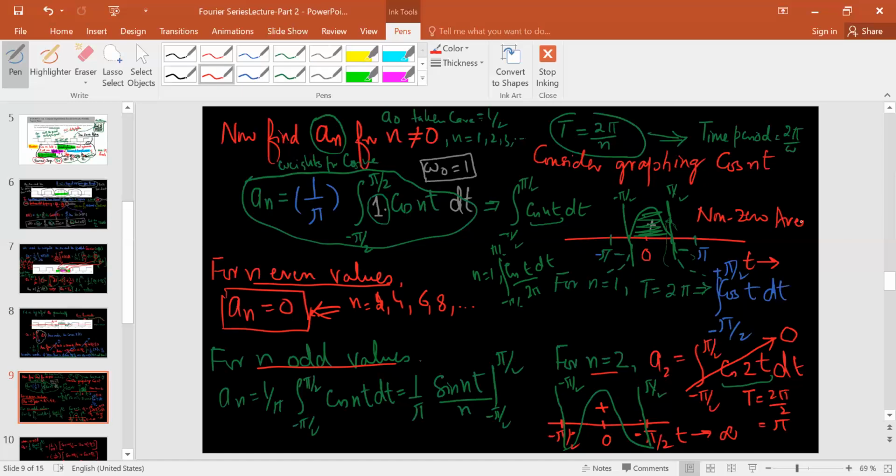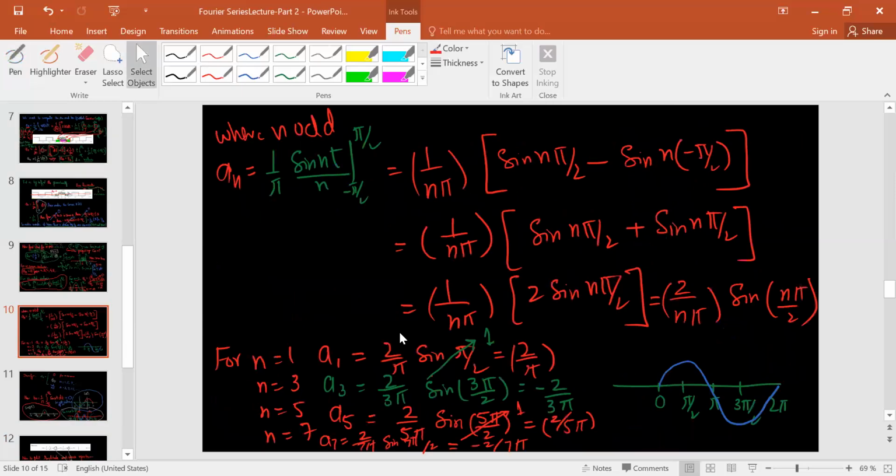For this one, I have to integrate: cosine nt will become sine nt, and this n will become the denominator, with 1 over pi outside, and the upper limit is pi by 2, lower limit is minus pi by 2. Now if I expand it further, keep in mind this is for n equal to odd.